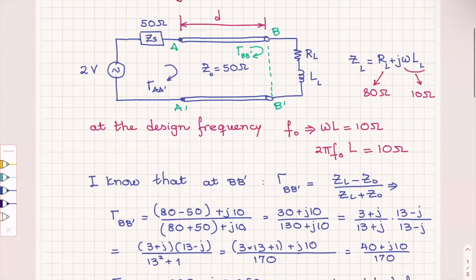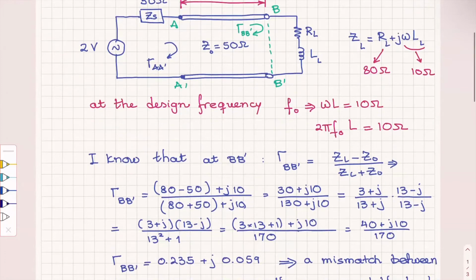Because on a transmission line, the reflection coefficient has the same magnitude everywhere, if you remember from ideal transmission lines.